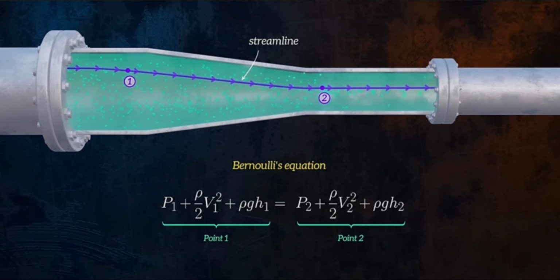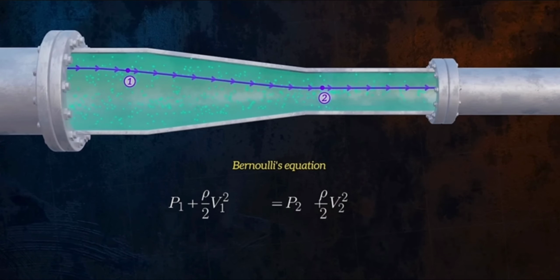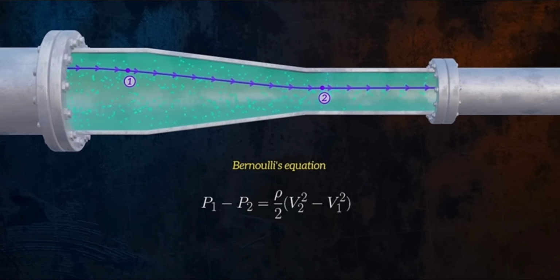There is no significant change in elevation between points 1 and 2, so the potential energy terms cancel each other out. If we put all the static pressure terms on one side, we get this equation for the change in pressure.